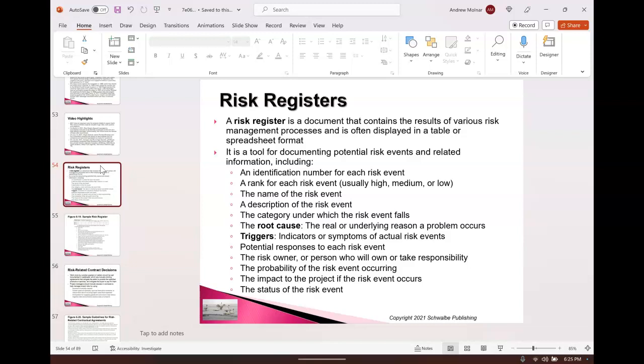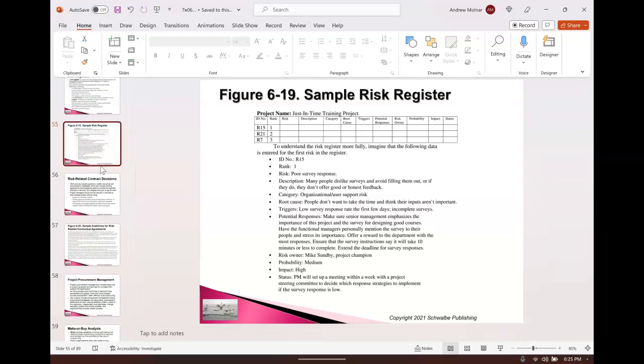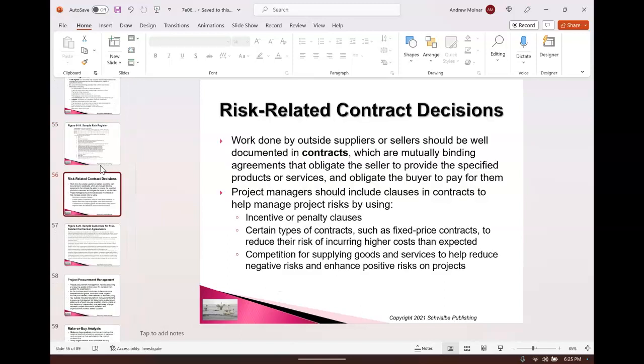And then as a review, we did qualitative risk analysis, which means we took the risks in the risk register and reprioritized them based on probability of happening and impact if they do. So this would be a sample risk register. You can pause and review on your own. I have one also online that is part of the assignment.